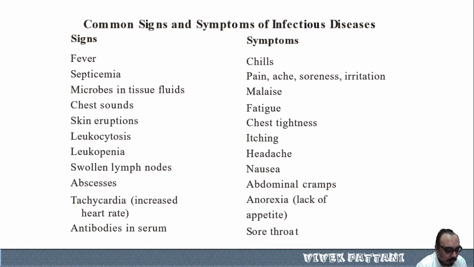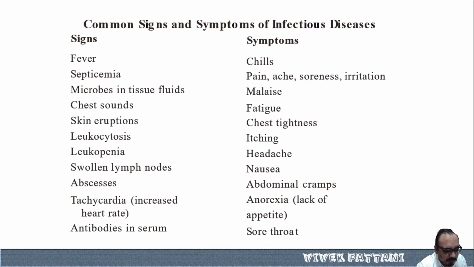Now the next term, the symptoms, which include chills, pain, ache.